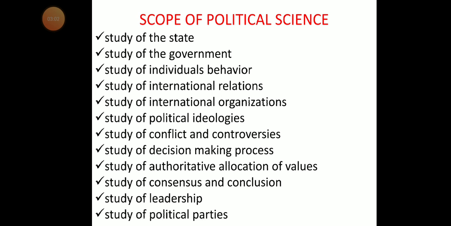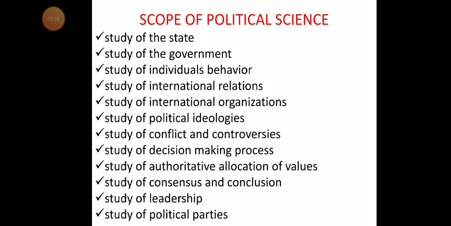The third point is the study of individual behavior. Being individuals, we live in society and we do certain activities, we act, right? Those acts can be categorized as political, social, religious, economic. Here all the political acts that we are involved in as individuals, we study.